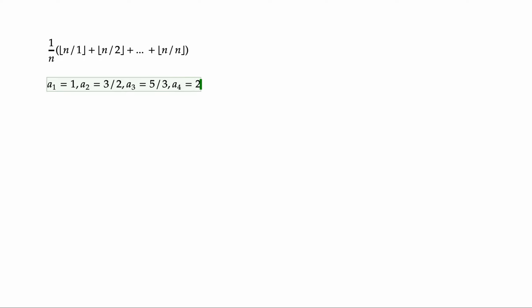Okay, I suppose that's, actually I'm kind of getting Fibonacci number vibes again. A4 equals 8/4, that might be a coincidence, but let me compute A5 and just check that. Floor 5/1 plus 5/2 plus 5/3 plus 5/4 plus 5/5.